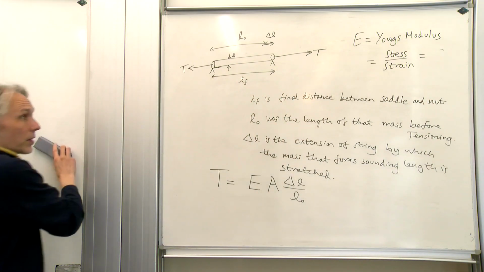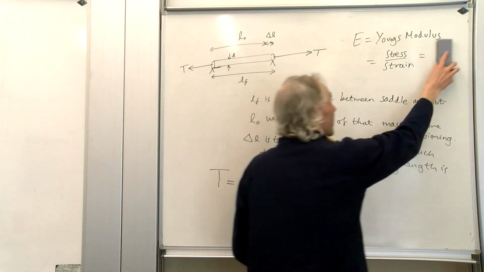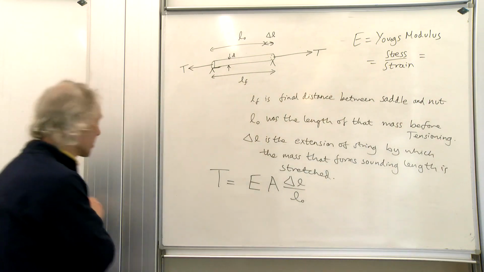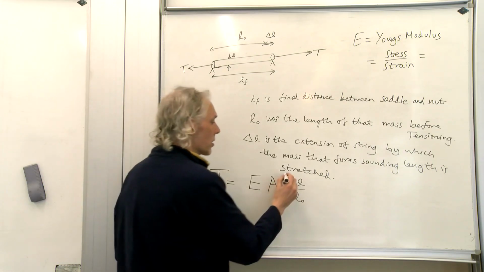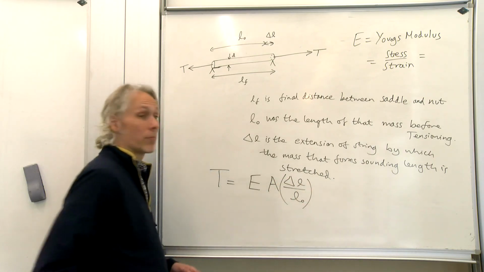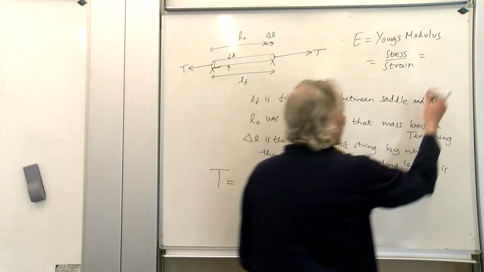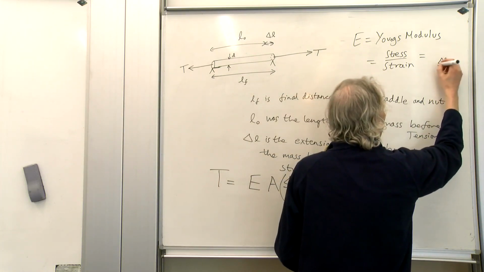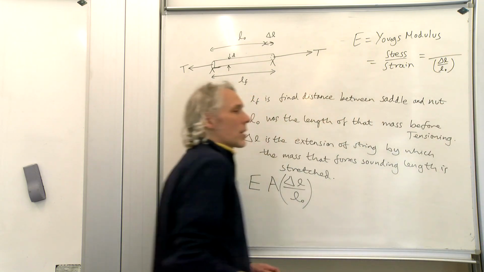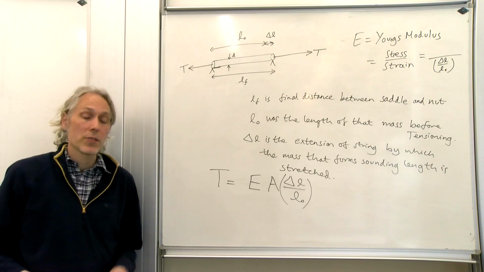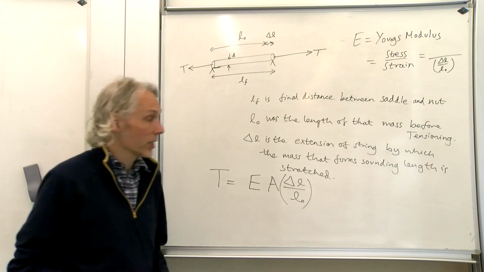So strain is the engineering strain, which is the fractional extension. It's this bit in the bracket. So strain is defined as delta L over L naught, and stress is going to be tension divided by cross-sectional area.